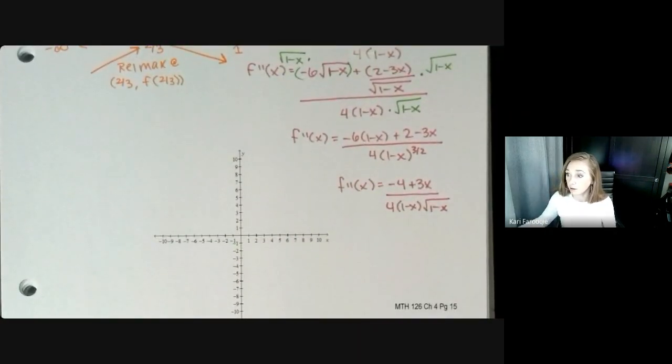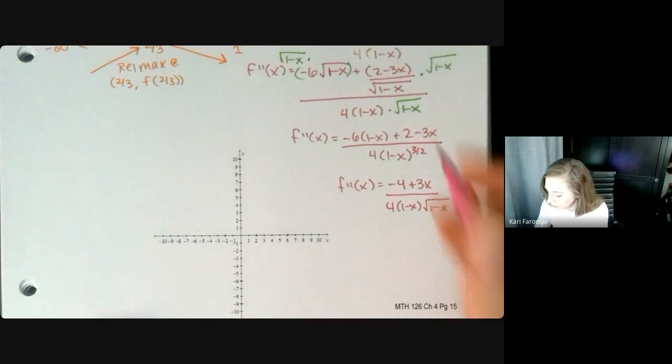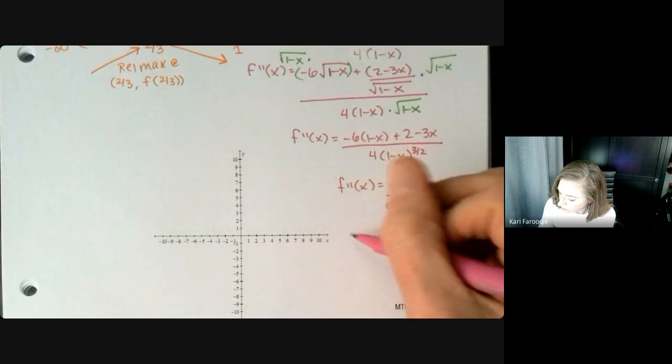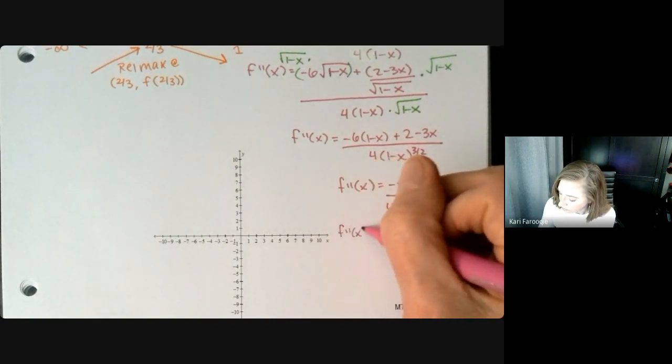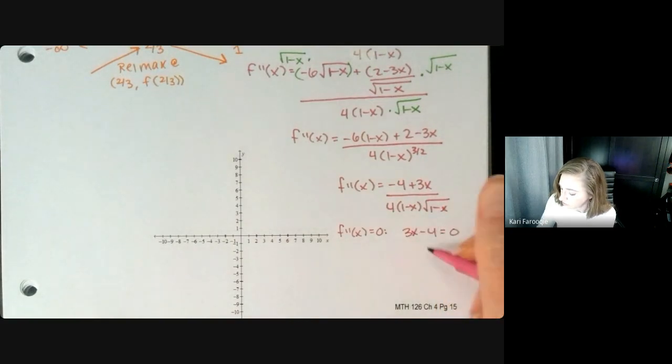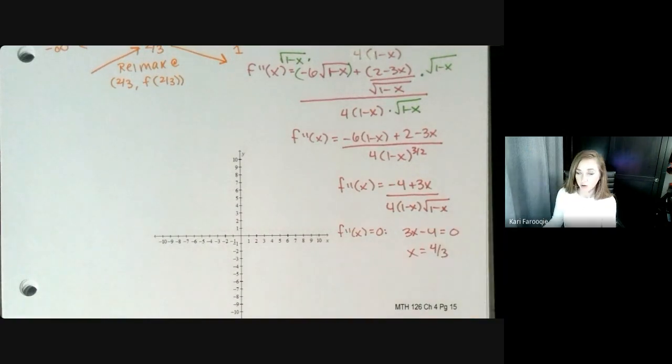Okay. And then we'll take our possible points of inflection. We're going to take f double prime of x and set it equal to 0. So you're going to take the numerator and set it equal to 0. And you'll get x equals 4/3.